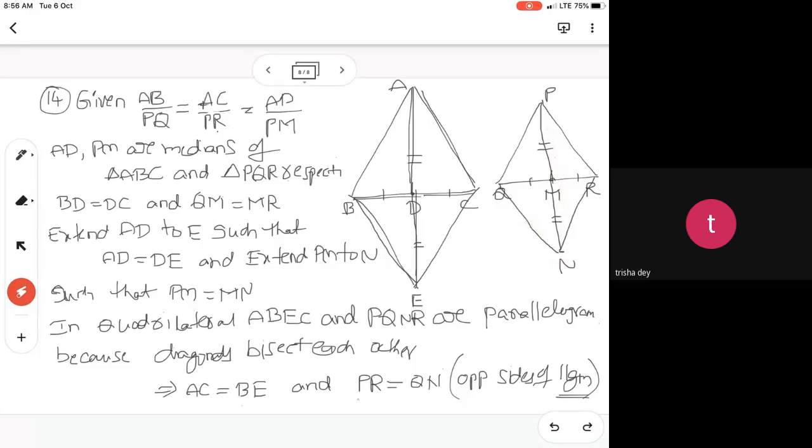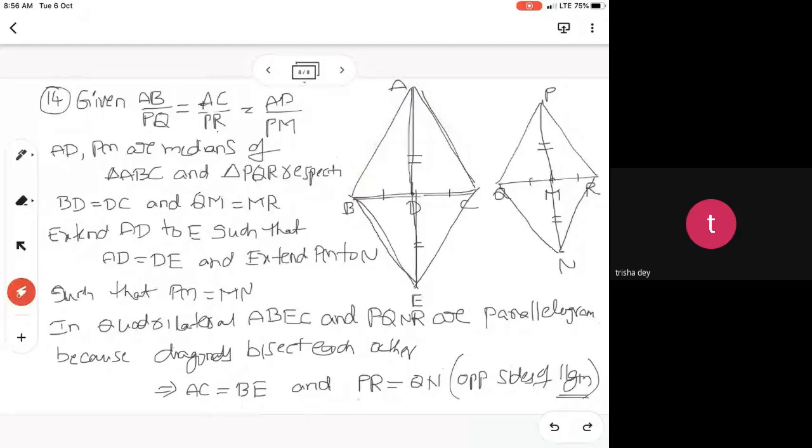When they are similar, this angle is equal to this angle. In the same way, you can prove that ACE triangle and PRN triangle are also similar, so this angle is equal to this angle. Then the complete angles BAE and QPR, is it visible to you?